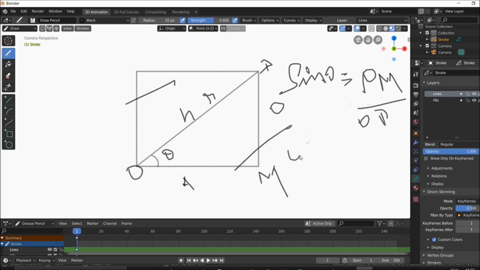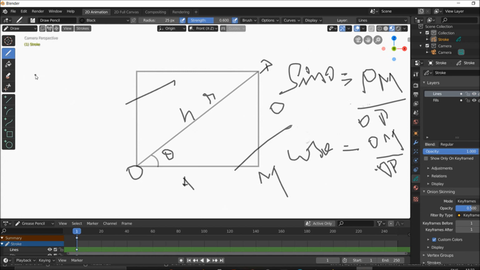Now if I have to say cos theta, it will be adjacent by hypotenuse, so I will say OM by OP. OP remains the same. This is the connection between our polar coordinates and rectangular coordinates. This is how we derived it.